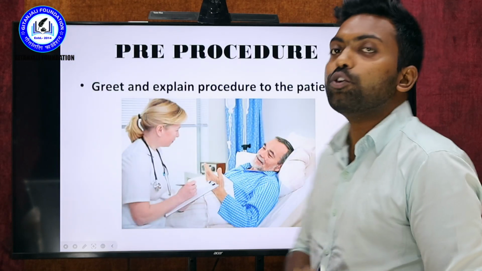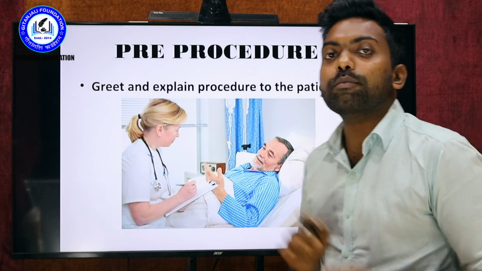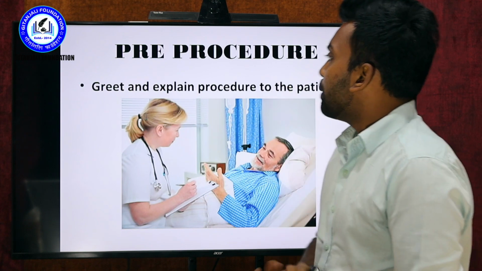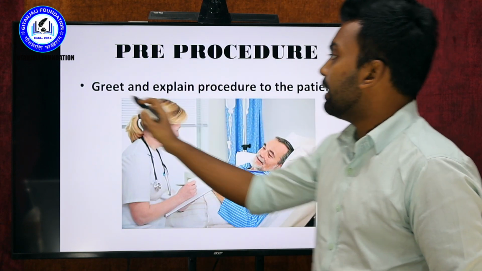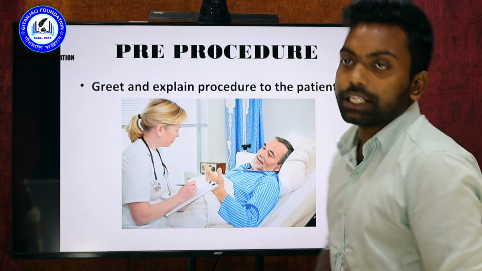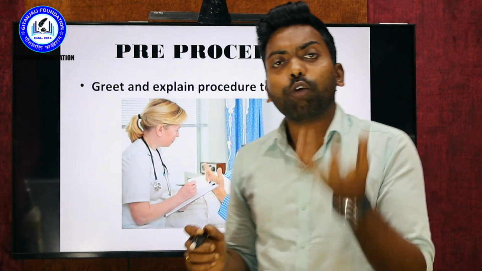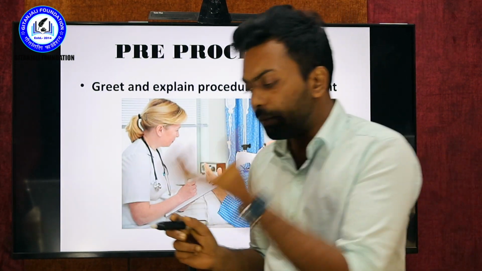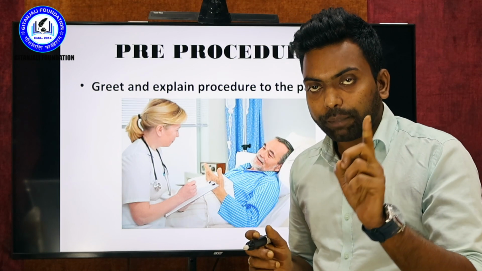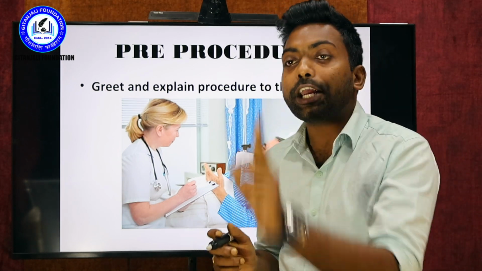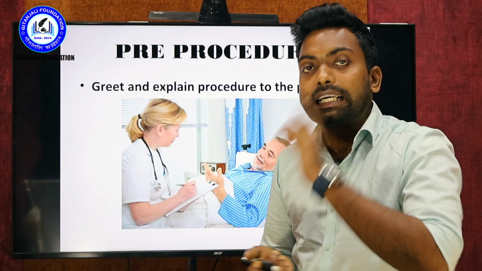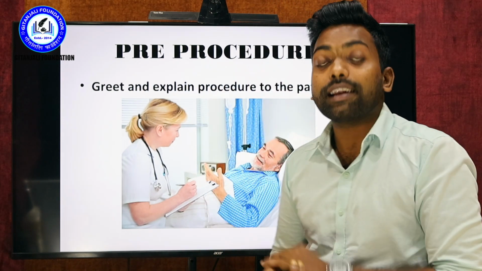I am going to explain the procedure using the sphygmomanometer. The first one is the pre-procedure: greet and explain the procedure to the patient. Whatever procedure we are going to do for the patient, the topmost priority is to introduce yourself, greet and explain.